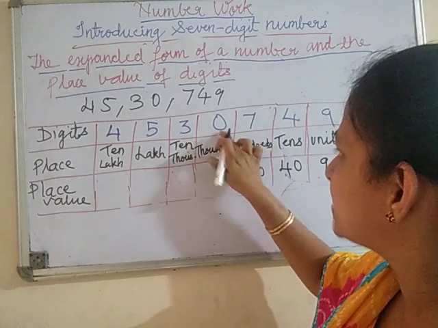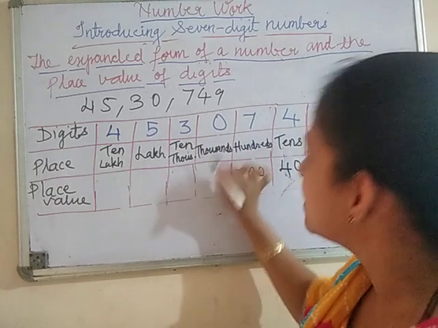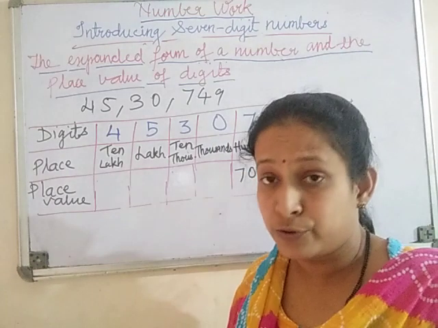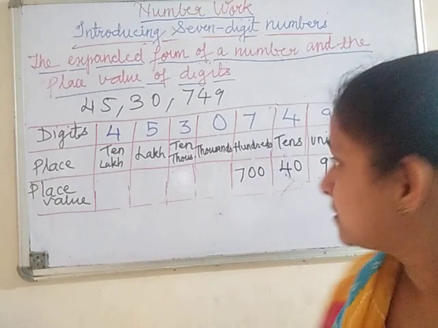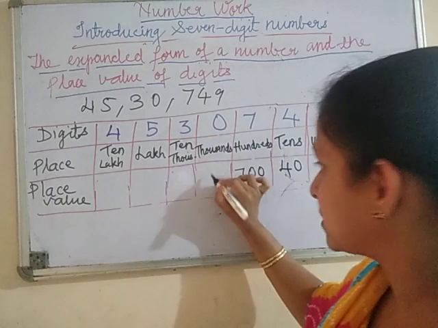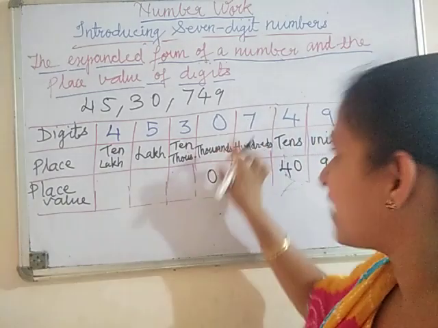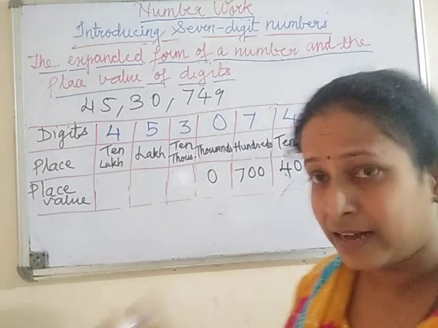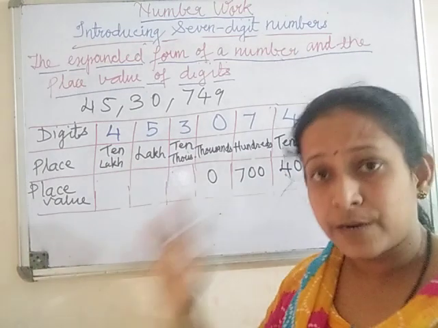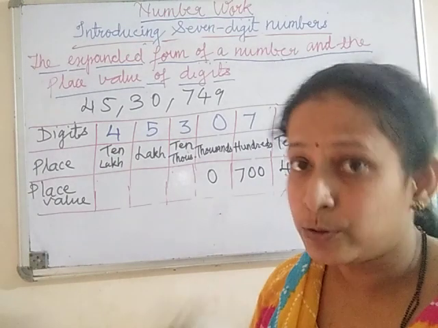Then here we have 0 in thousands place. So that means 0 multiplied by any number, if you know 0 gets multiplied with any number, you will always get the answer 0. So 0 multiplied by 1000 is 0. So wherever 0 may be in the number, it will always have the value 0.